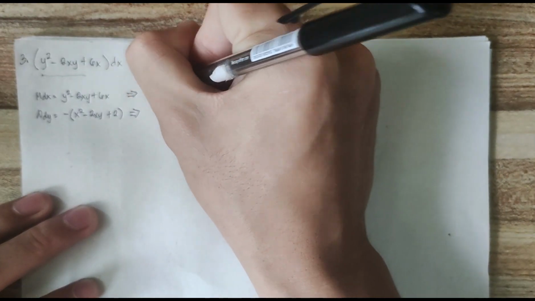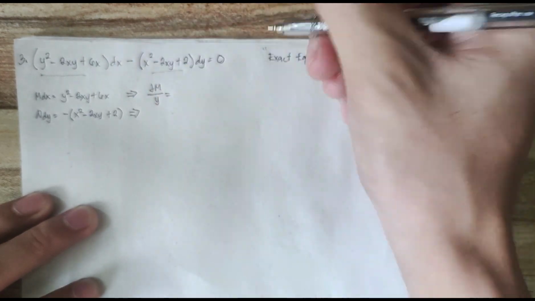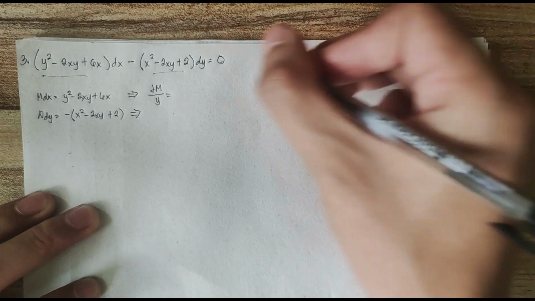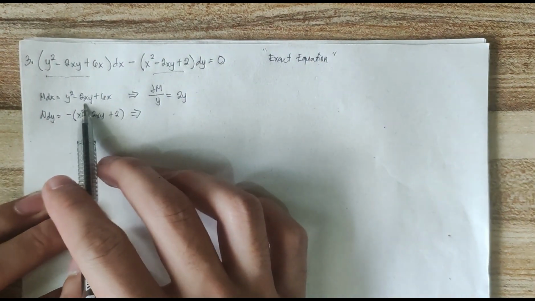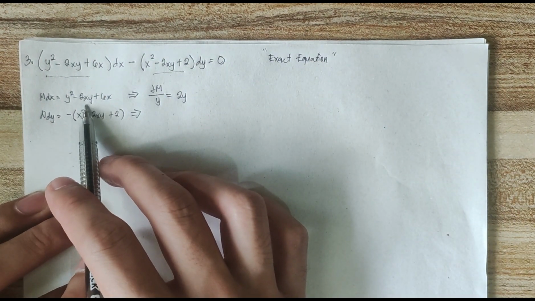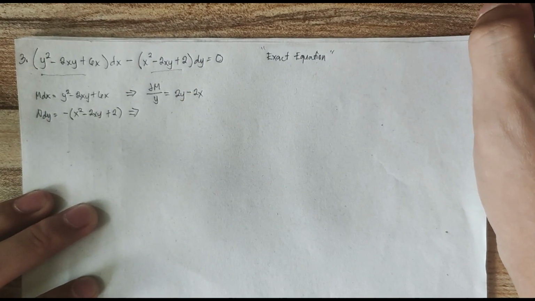So to know if this differential equation is an exact equation, we need to find the partial derivative of M with respect to y and N with respect to x. So the partial derivative of M with respect to y is equals to 2y minus the derivative of this one with respect to y, which is 2x, negative 2x.